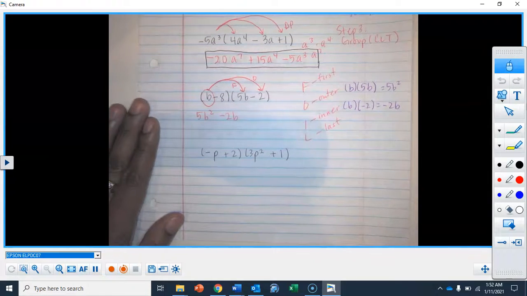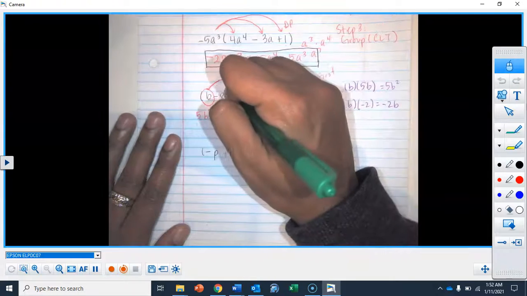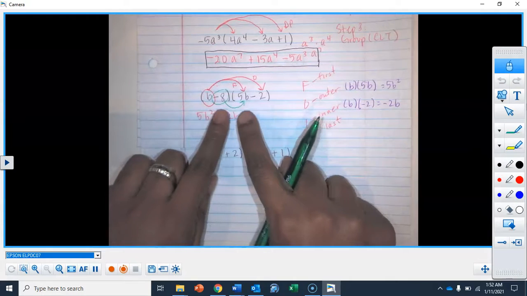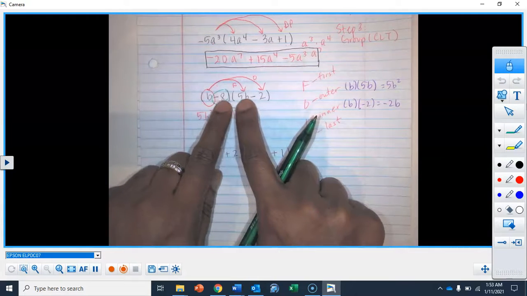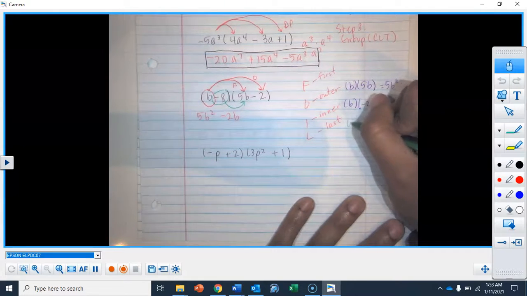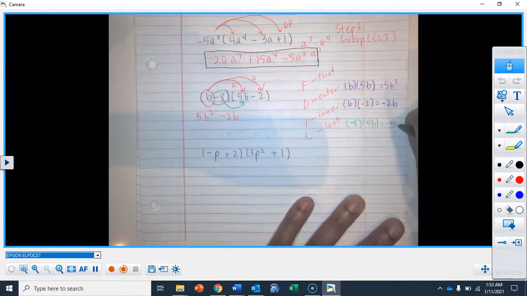Now I'm going to just change colors. Let's do, again, keep the sign with that 8. So this is -8, and I'm multiplying the inner two most terms, the ones that are right next to each other, that are neighbors. You've got to include the sign. So that would be, for I, -8 times 5B, which becomes -40B.